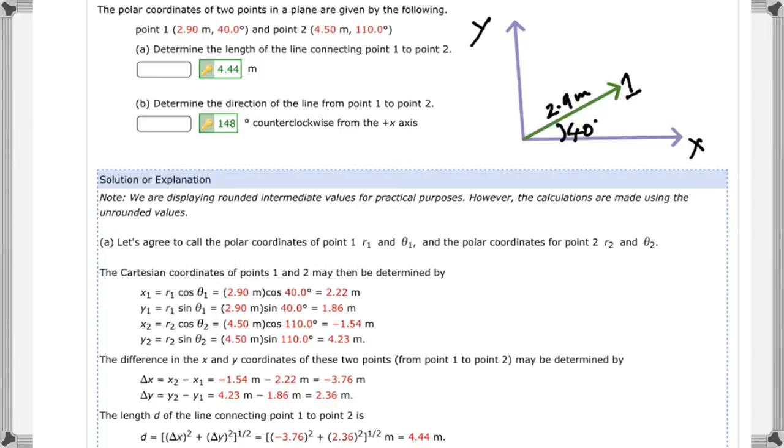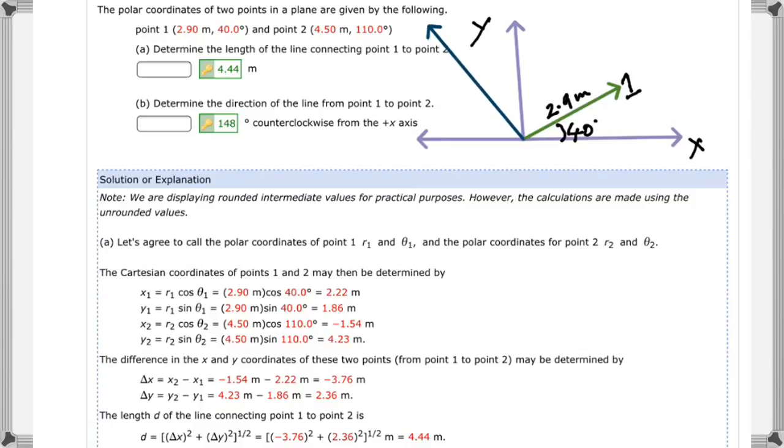Now for the second one, likewise, the point 2 is 4.5 meter away and at an angle of 110 degrees. So since it's at 110 degrees, we got to go to the negative side of the x-axis, which means that the second point should be somewhere like that.